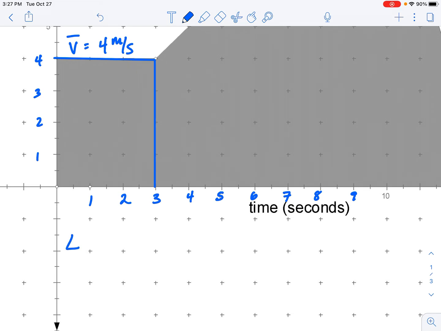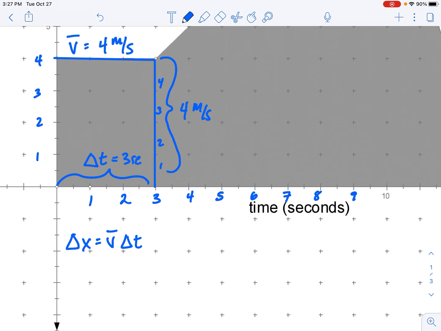So I know that displacement is equal to velocity times change in time. This height of 1, 2, 3, 4 meters per second, that's my average velocity. And this width, that's my delta t. So the area of this rectangle is comprised then of 12 squares.